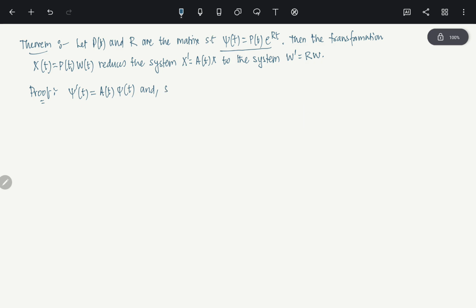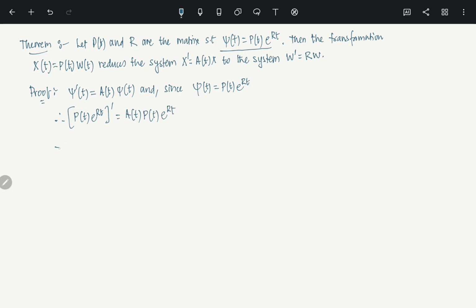And since phi of t is nothing but P of t times e to the power Rt, we can take the derivative. Therefore the derivative of P of t times e to the power Rt is A of t times phi of t, which is P of t times e to the power Rt.